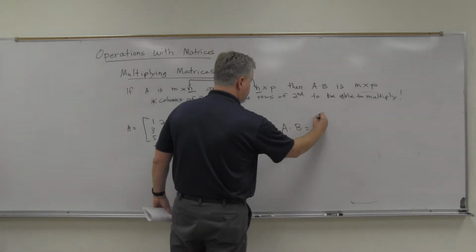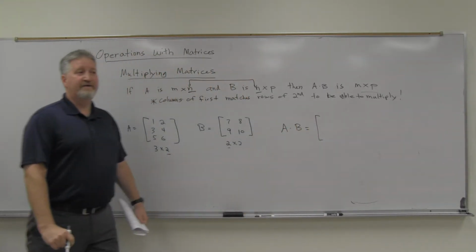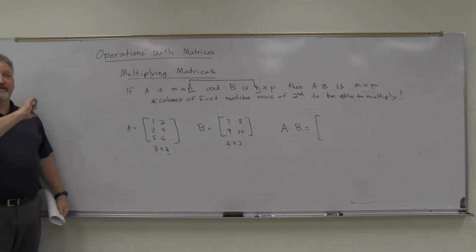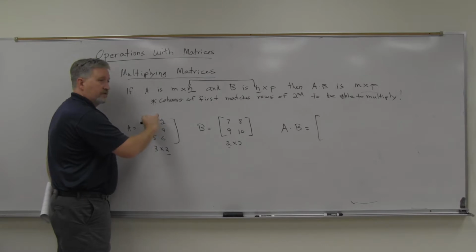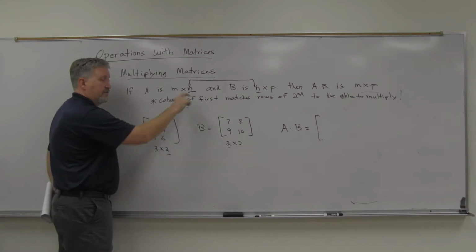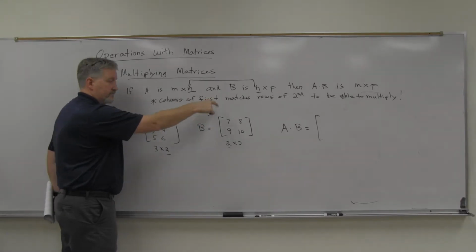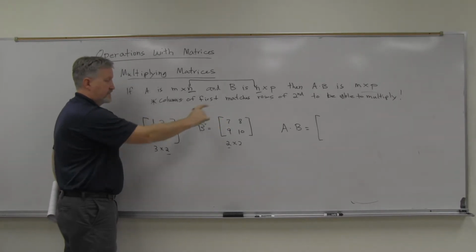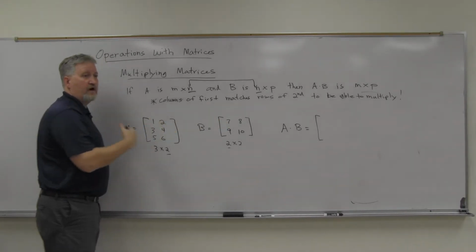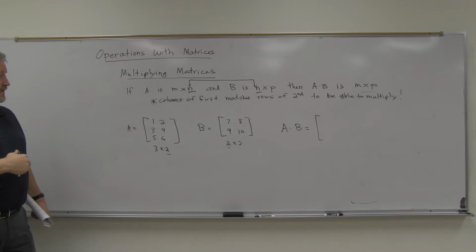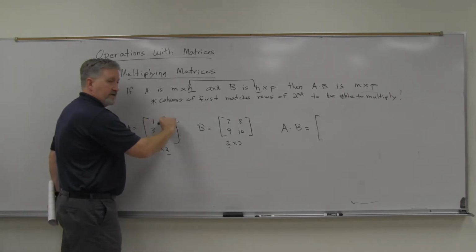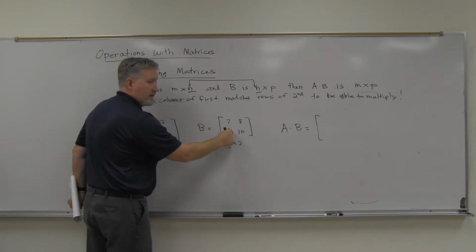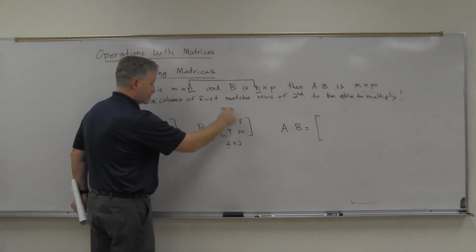Well, what it amounts to is I'm going to take each row of A and multiply it by both columns, in this case, the columns of B. So that's why the columns and the rows have to match. So I take each row here and multiply it by the column over here.